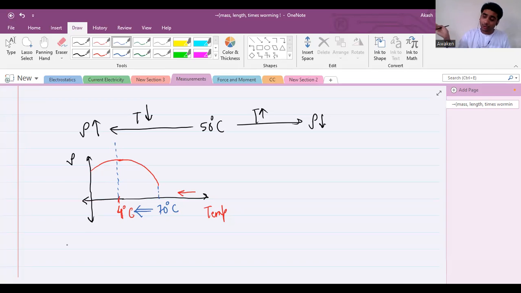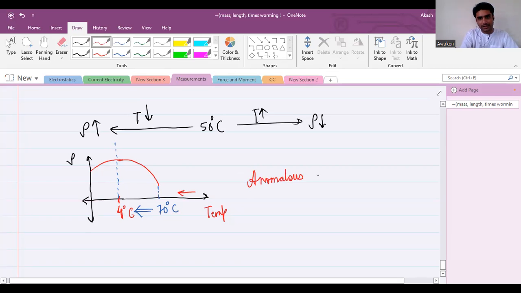But if you cross the 4-degree mark and still keep on cooling, then abnormally the density decreases. Only for water. So this phenomenon is called anomalous expansion of water.